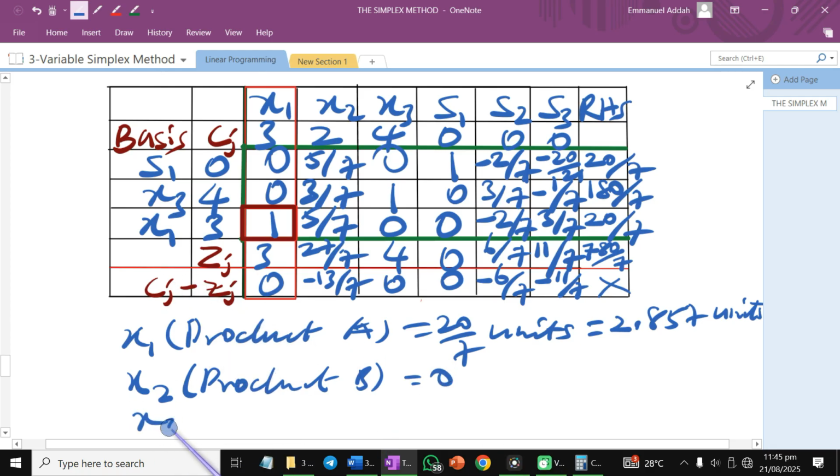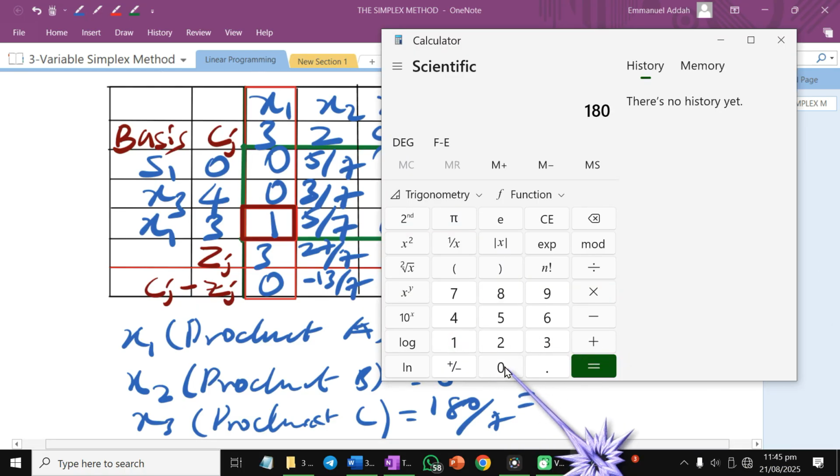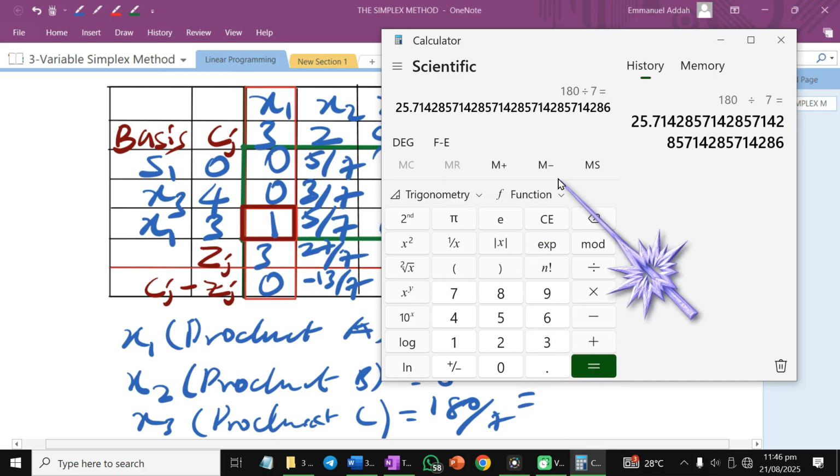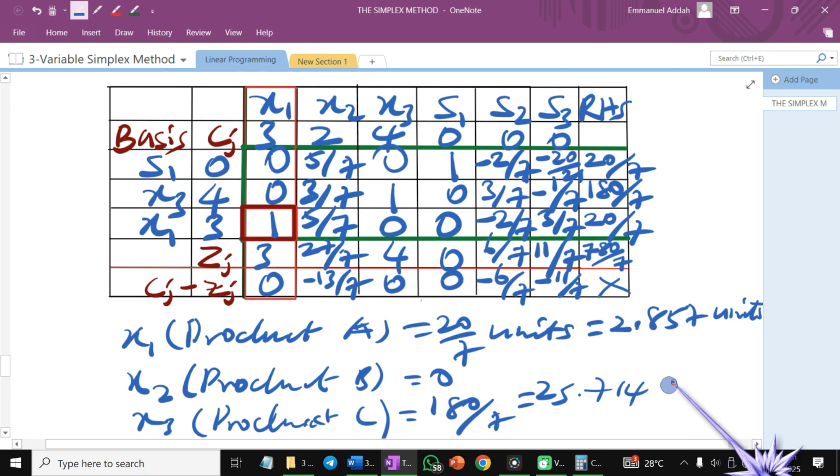Then x3, which is product C, is equal to 180 over 7, which is 180 divided by 7. That is 25.714 units.